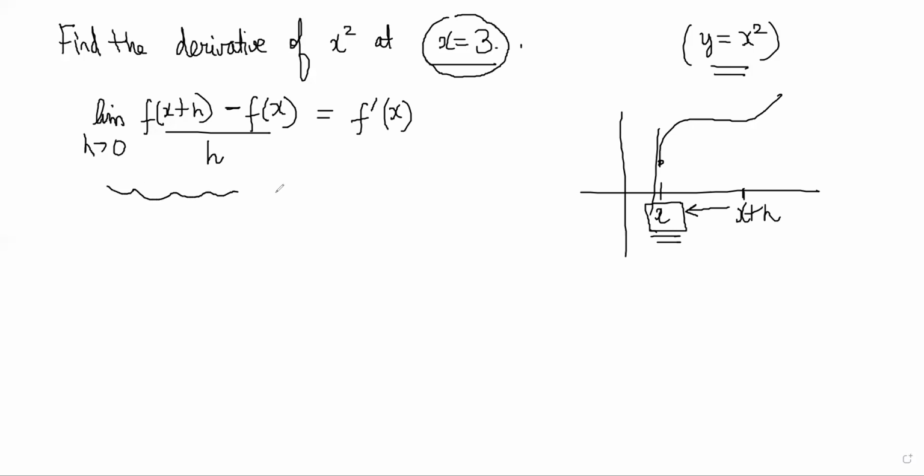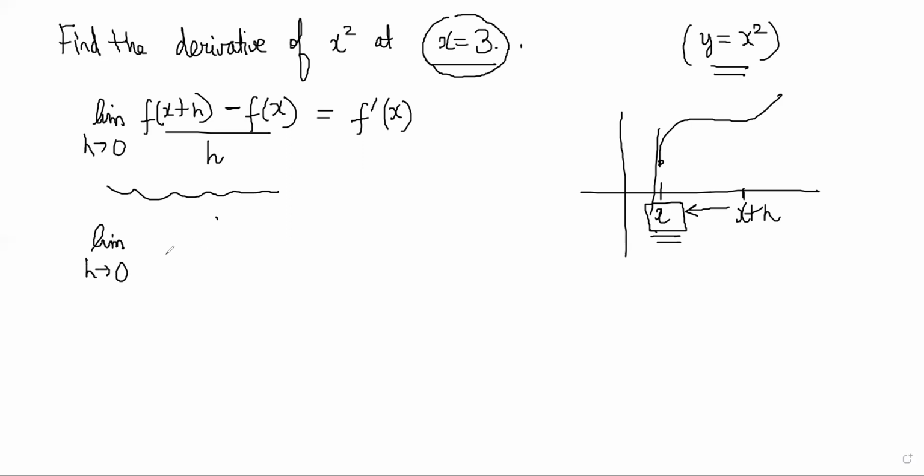So calculate this. So it's 0. How? Tell me how? But then h can't be 0, right?